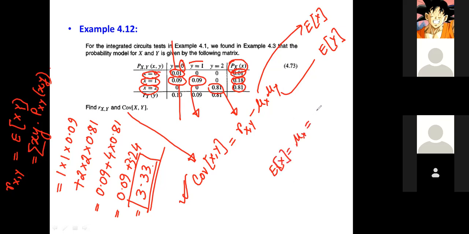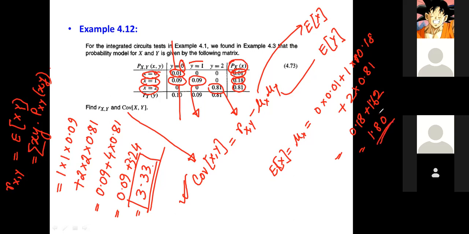That is 0 into 0.01 plus 1 into 0.18 plus 2 into 0.81, which equals 0.18 plus 1.62, that is 1.8. So 1.8 is mu x.